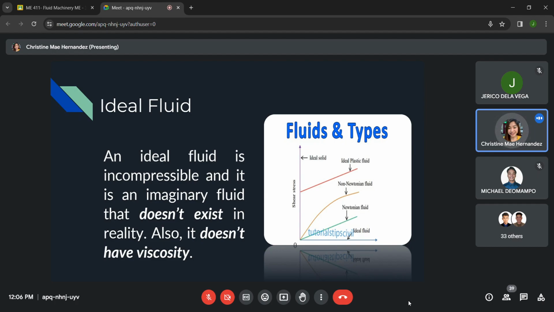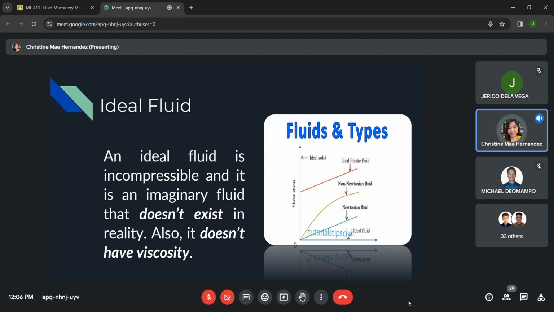Kasi si ideal fluid, siya ay no shear stress, no viscosity, no heat conduction. An ideal fluid is not found in reality. It is termed as an imaginary fluid since all the fluids that exist in our environment have some viscosity or have low viscosity. Therefore, there is no ideal fluid in reality.